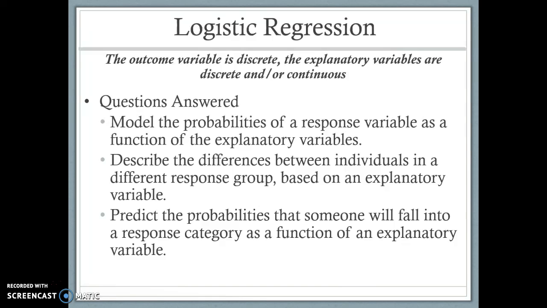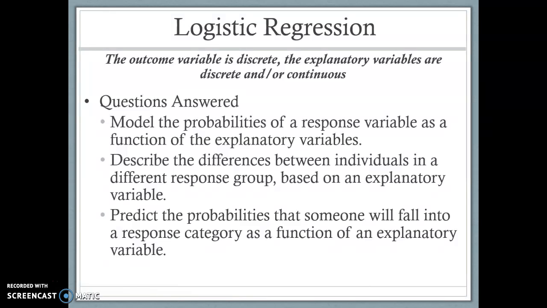So for example, for the first one, model the probabilities of a response variable. If we look at college admittance, we want to see the probability of being admitted to college as a function of gender. So what's the probability of someone getting into school, being admitted, whether they're male or female? Admitted is dichotomous, and so is the explanatory variable.